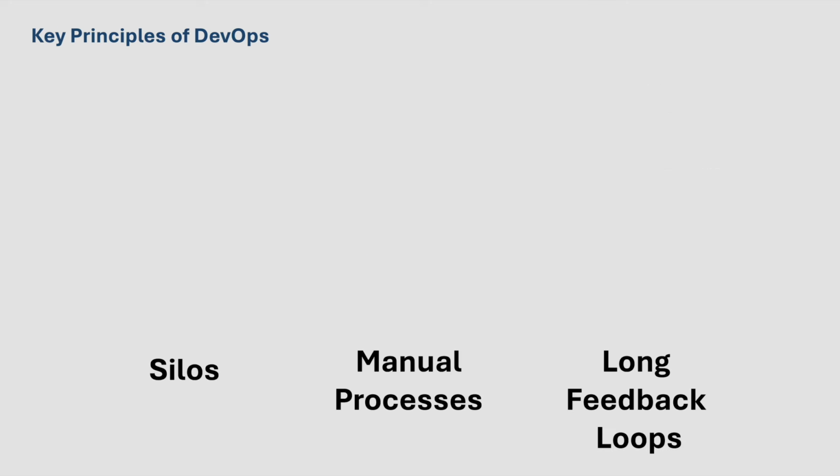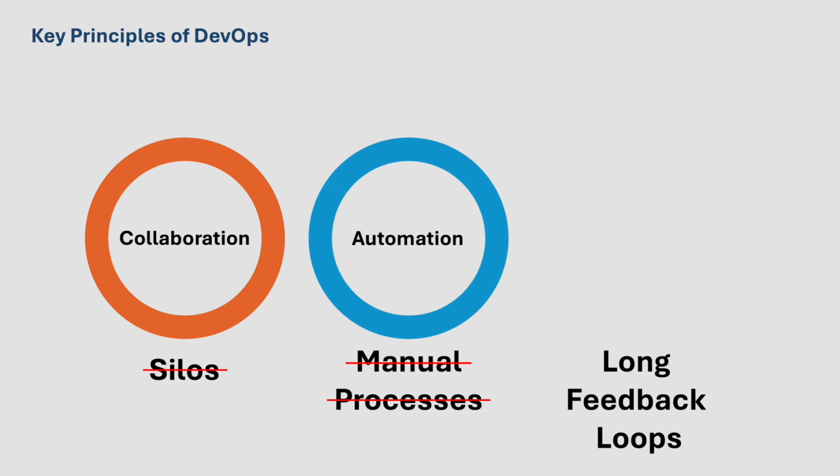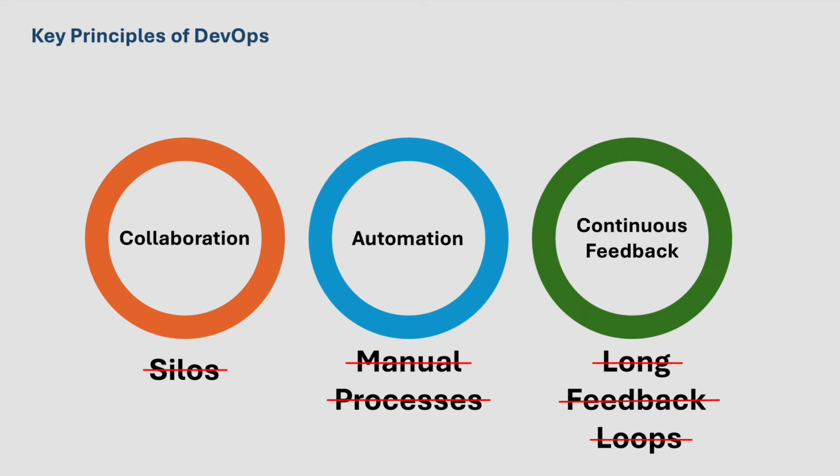By adopting DevOps, developers and operations work together from the start, ensuring smooth deployments and better understanding of infrastructure needs. Manual and error prone processes like testing and deployments are automated, leading to faster and more reliable releases. Shortened feedback loops allow for quicker fixes, improving software quality.